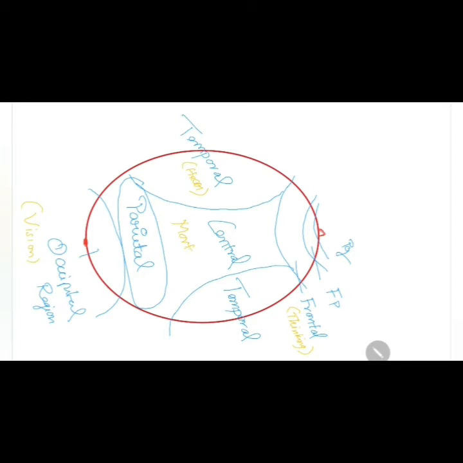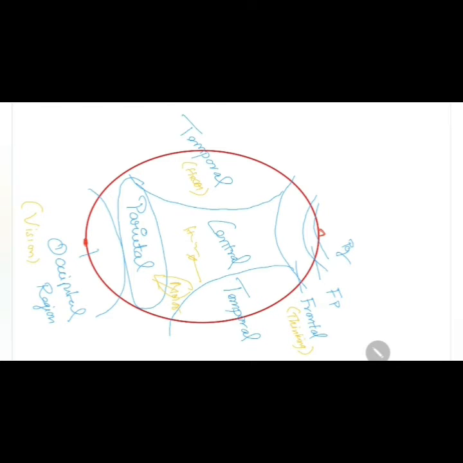Sorry, the central region is for higher order thinking and other work, whereas the parietal has the motor cortex that will take care of the movement of your human body. So this is how the anatomy is function segregated for the ease of placement of electrodes.